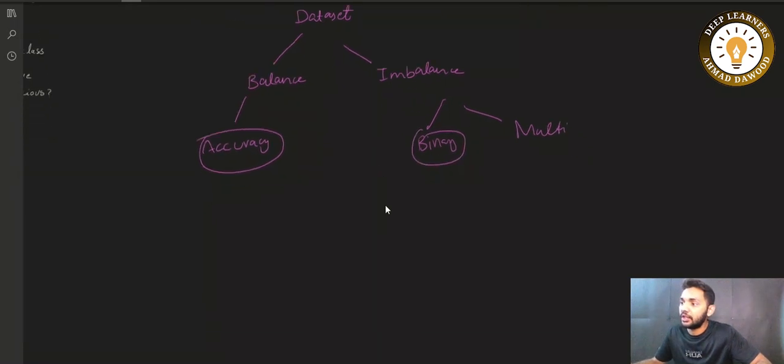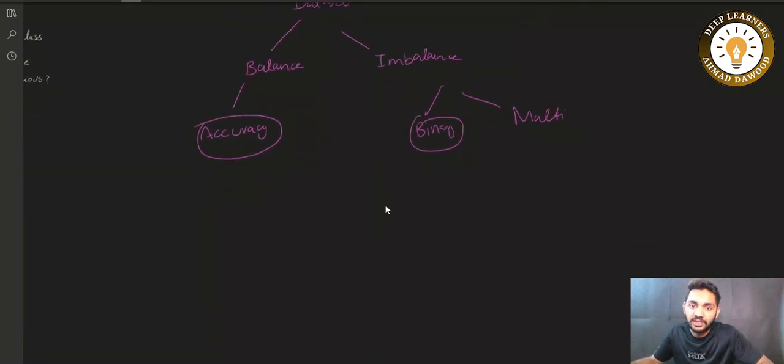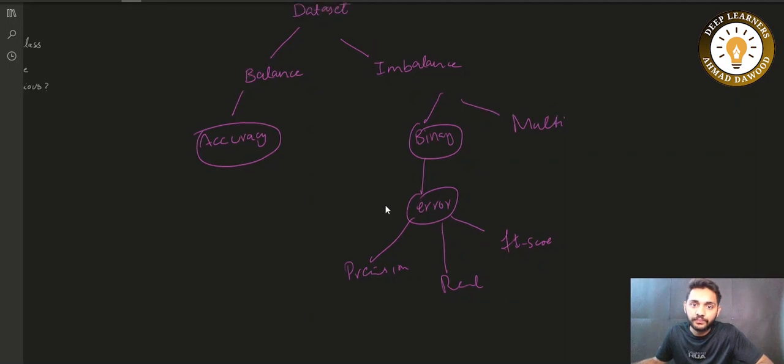If the problem is binary, you already have some insights that your majority class is 0, minority class is 1, and so on. Now you have to figure out which error you are more conscious about, and then you can go towards precision, recall, or F1 score. F1 score if all the errors are equally dangerous for you, or you can say if all the classes are equally important for you.